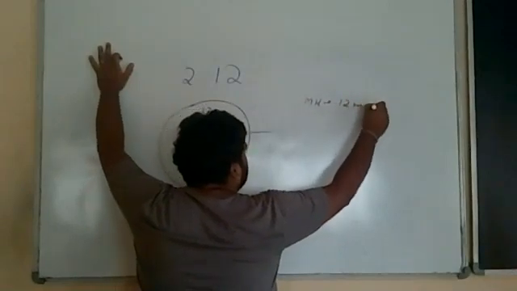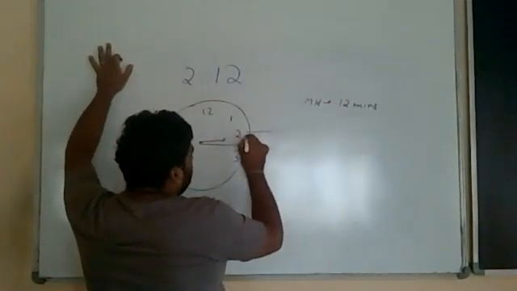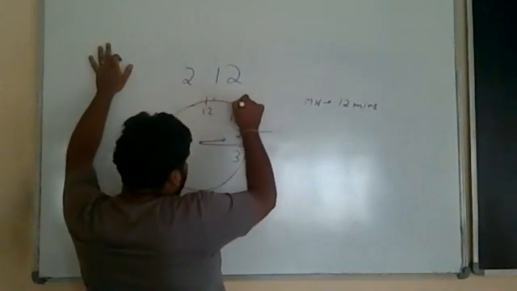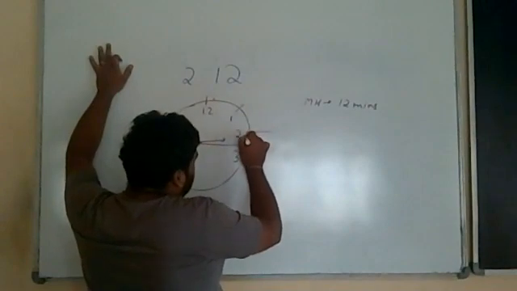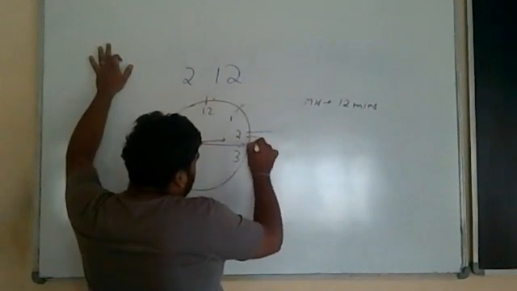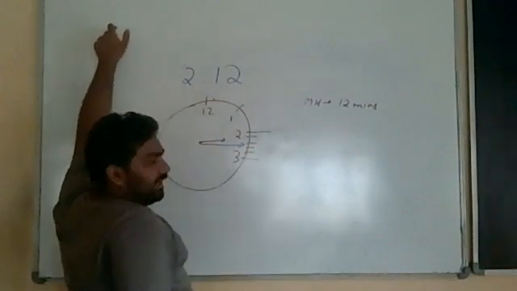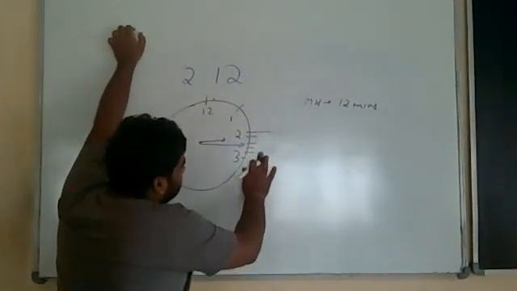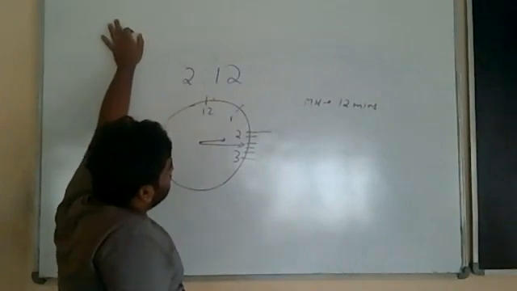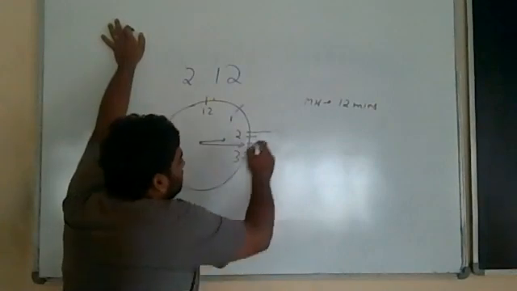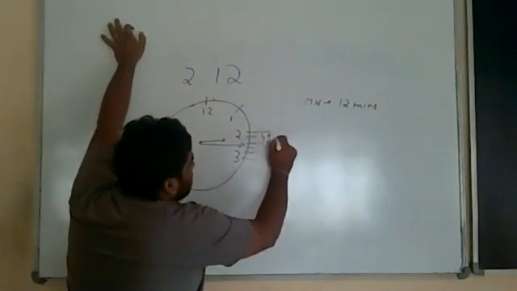12 minutes, which means if this is 2 or this is 10, say 1, 12, 1, 2, 3, 4, 5, 6, 7, 8, 9, 10, then 11, 12, 13, 14, 15. Correct? Where is it? It is at 12. So this should be 6 and another 6.